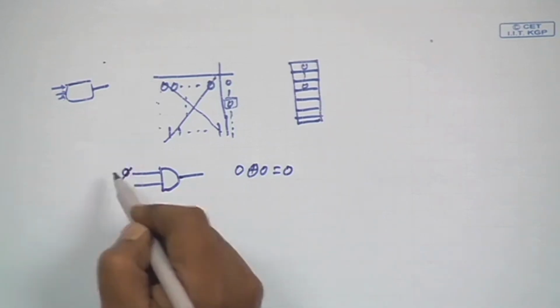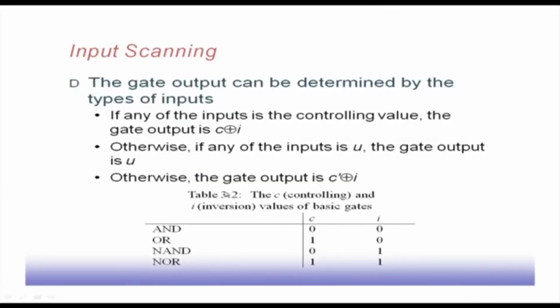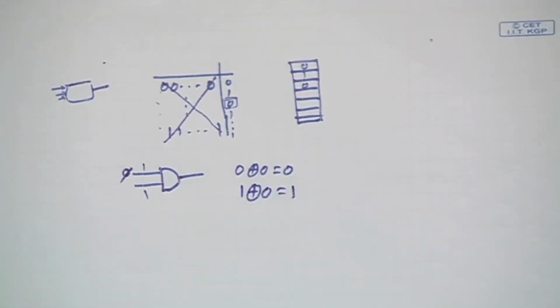On the other hand, suppose both the inputs are 1. In that case none of them are controlling values, so it will come to this part, C bar XOR I. C bar is 1, XOR 0, which is equal to 1. In this way the logic functions can also be captured by means of these C and I values.